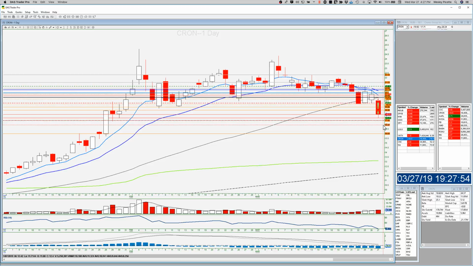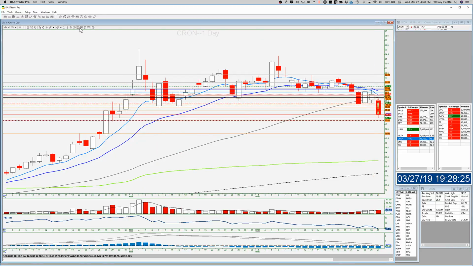So what I was looking at this morning was the fact that CRON has been testing the bottom of this consolidation range that has existed on the daily chart for the past couple of months, and today opened below the 50-day moving average. So from really kind of this bull flag right here on up, it's basically held above this level.